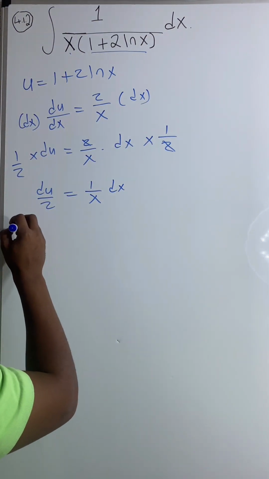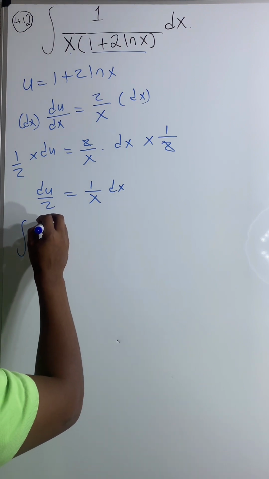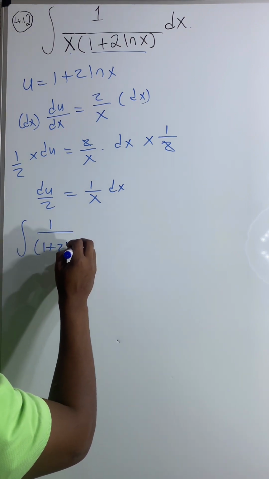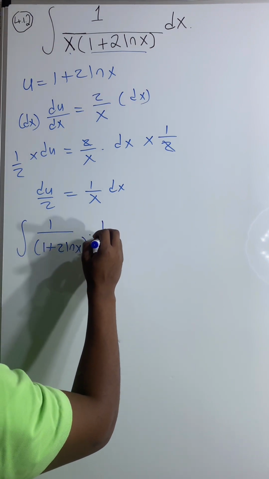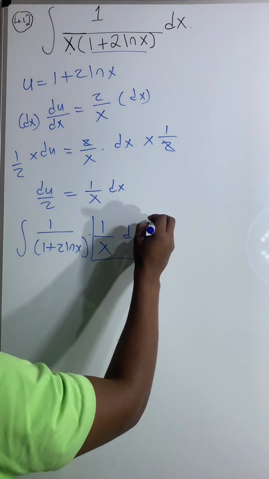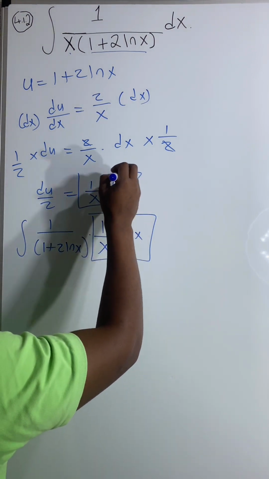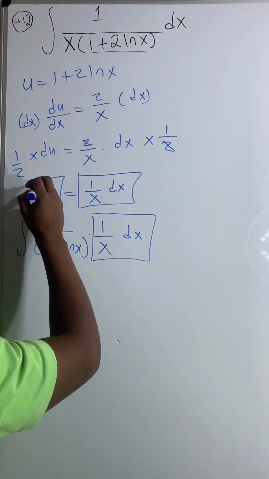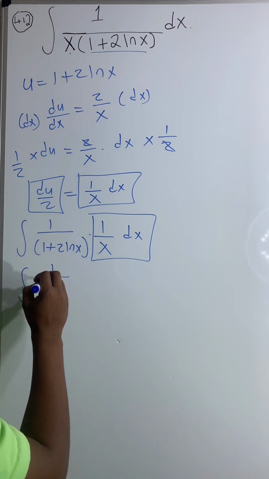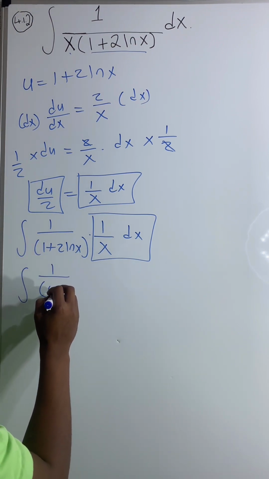And if we were to rearrange our integral, we can see that what we have here is exactly that which we have there. So we can substitute that, and we already said that we will substitute u for 1 + 2 ln x.